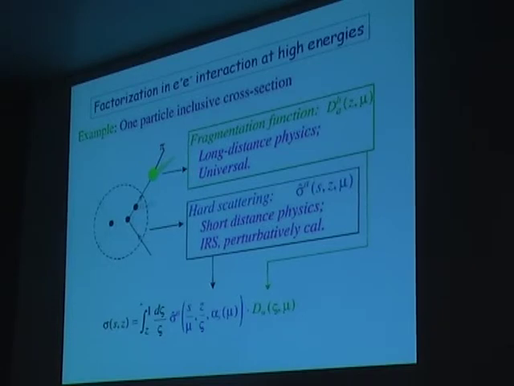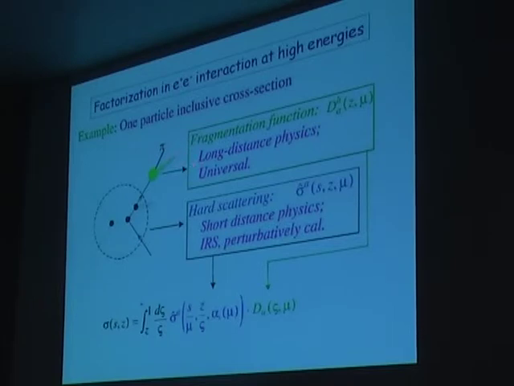In pictorial form, the factorization works this way. You have a short distance scattering near where the interaction vertex is, but then as time evolves, long distance physics actually comes in when this particle is observed. Necessarily long distance physics comes in, because the confinement part of QCD has to come into play in order to produce a pion.